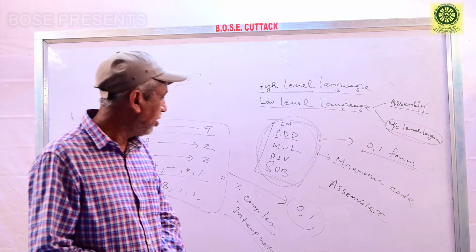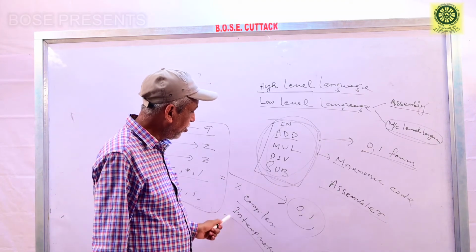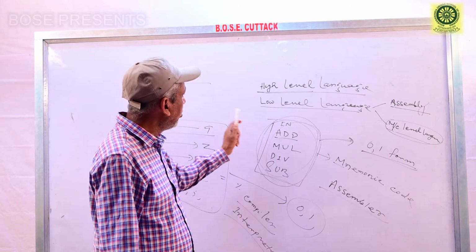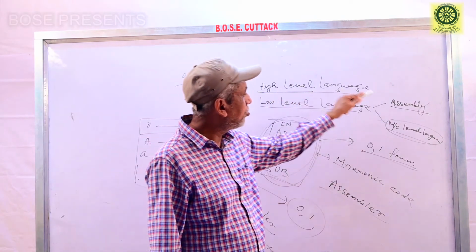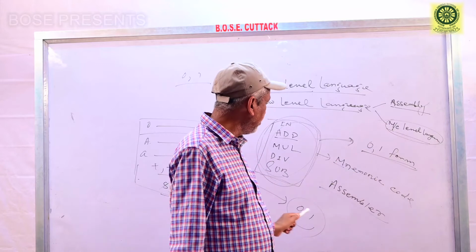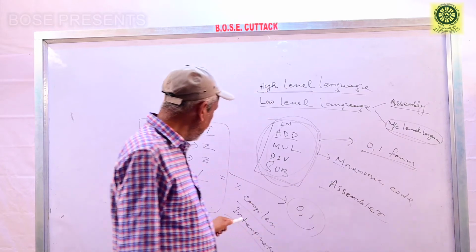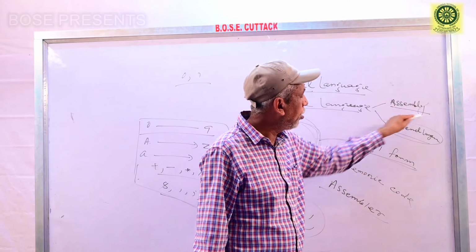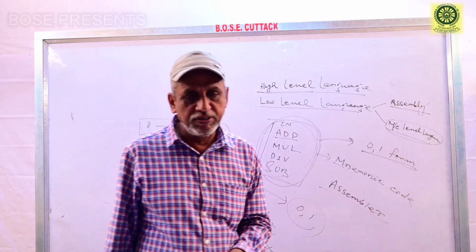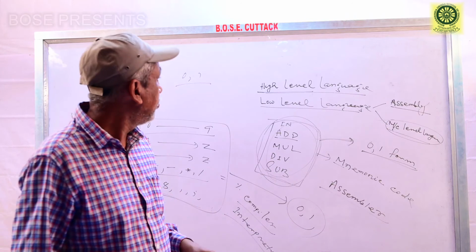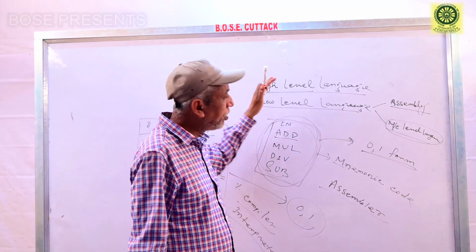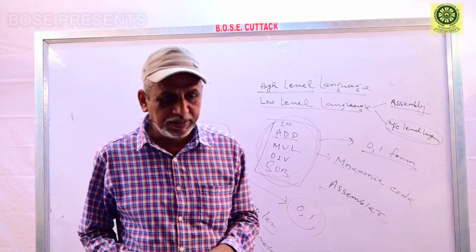The compiler and interpreter convert high level language to machine understandable language, and the assembler converts assembly language to machine understandable language. This is our translator.